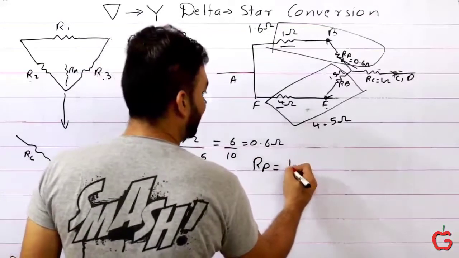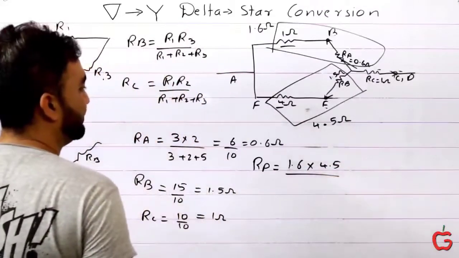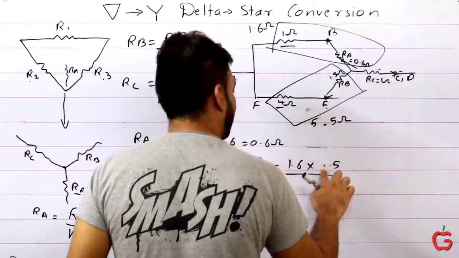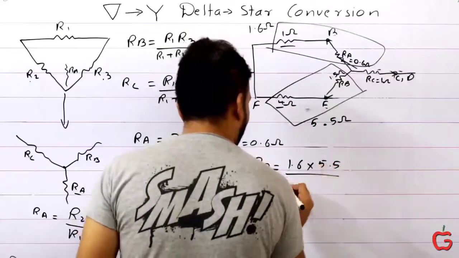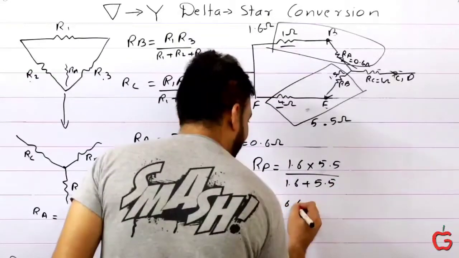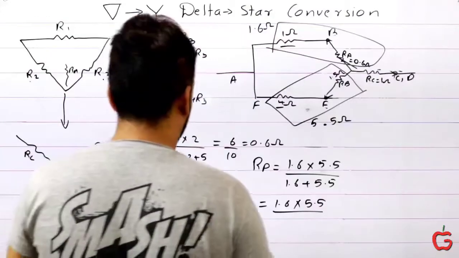So the parallel value comes to be 1.6 times 5.5, sorry, this is 5.5. 1.6, 5.5, 1.6 plus 5.5. So this is 1.6 times 5.5 divided by 7.1.